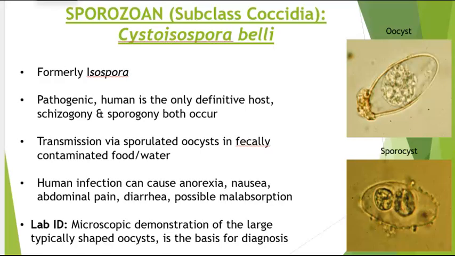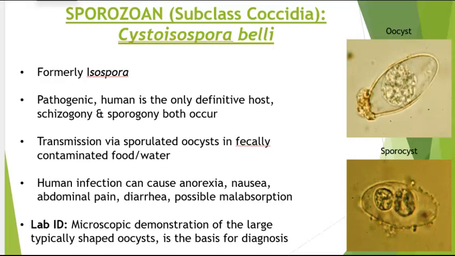The next in the subclass Coccidia is Cystoisospora belli. It was formerly just known as Isospora. This one is pathogenic to humans. Humans are the only definitive host. You have both forms of reproduction in this parasite, schizogony, which is our asexual reproduction, and sporogony, the spore formation.